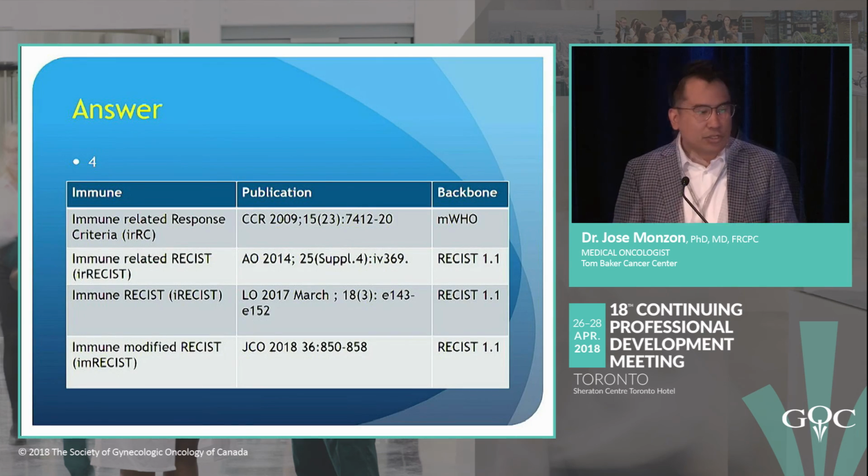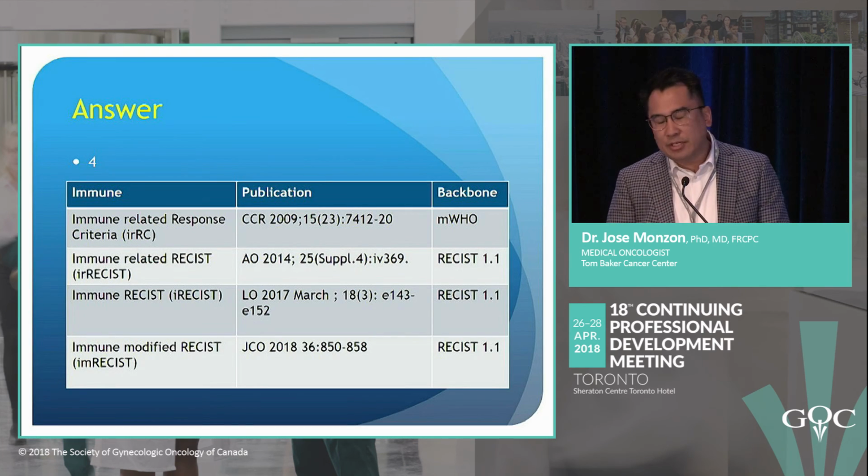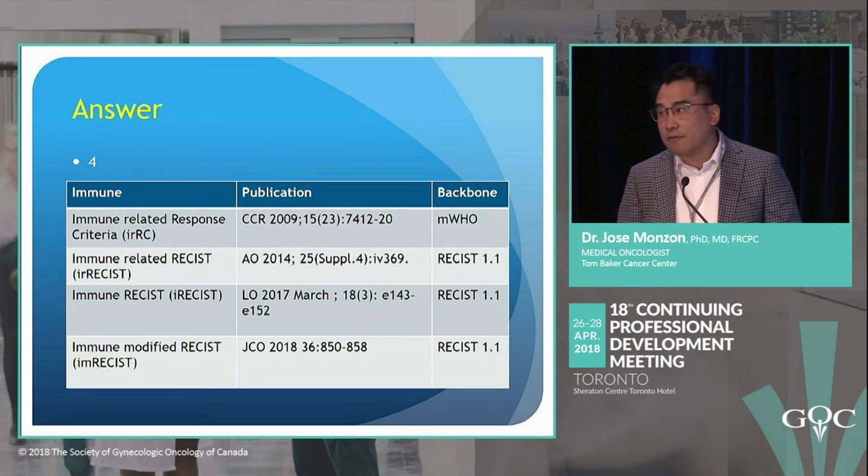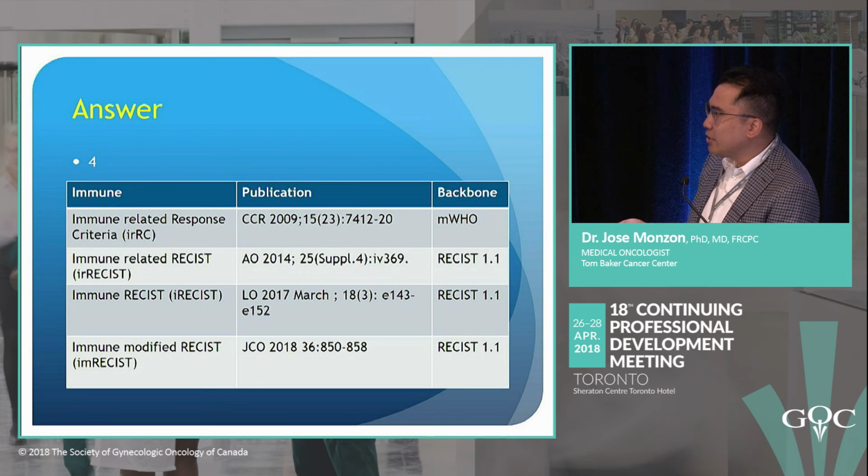The first one was based off the modified World Health Organization criteria, and this was published in 2009. This is the Immune-Related Response Criteria, or irRC. There are also other ones that are based off RECIST, so the vast majority of them are actually based off RECIST response criteria.